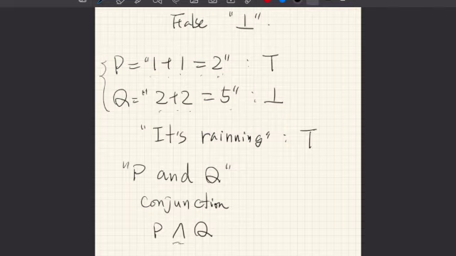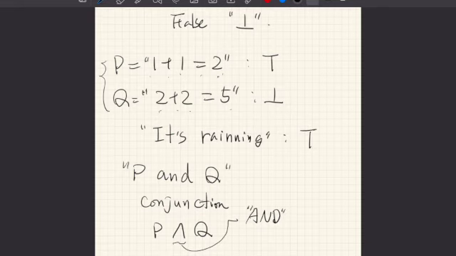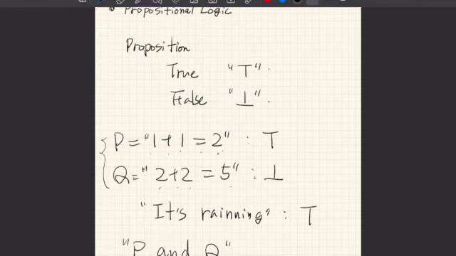This symbol represents logical AND. Each of these propositions P and Q has some truth value, true or false.